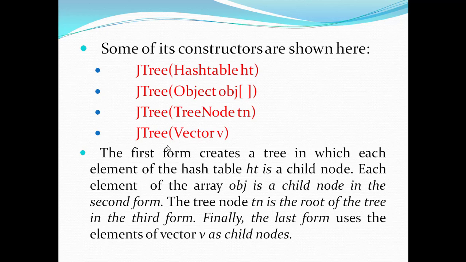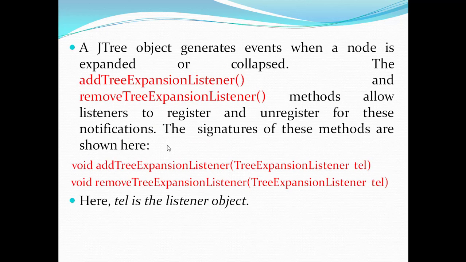Finally, the last form uses the elements of vector v as child nodes. All are child nodes, ht, object array, vector v, except tn which forms the root node. Like this, constructors are provided and we can use them.